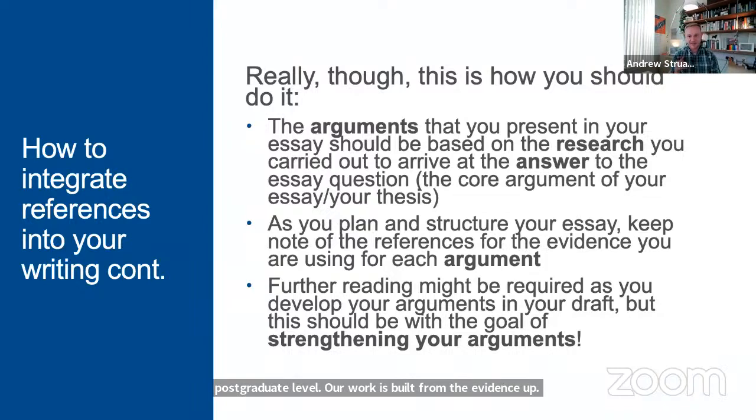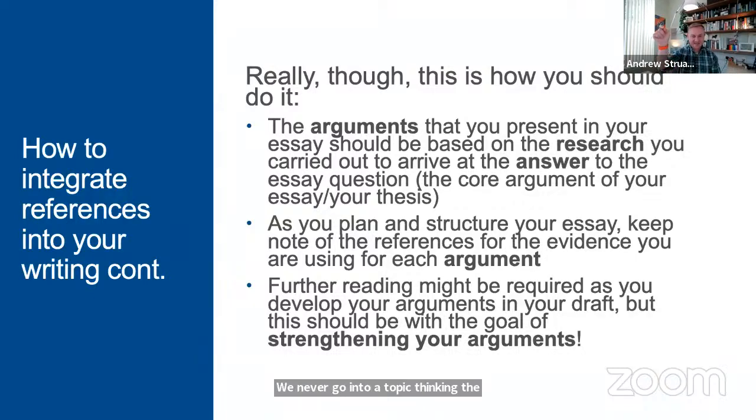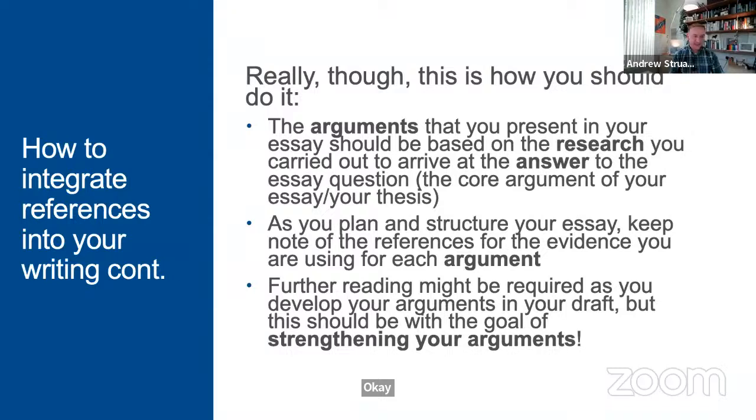So what I mean by that is we start with the evidence as the basis of what we know to be true or can check to be true, and then we build our interpretation up on top of that. We never go into a topic thinking the answer is X and then look for the information to support that. Okay, that's called confirmation bias. It's bad practice.